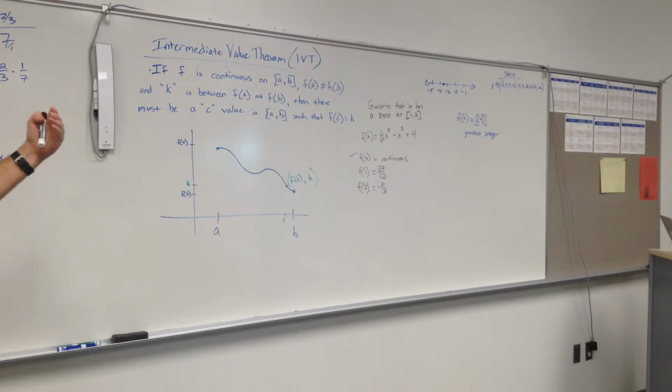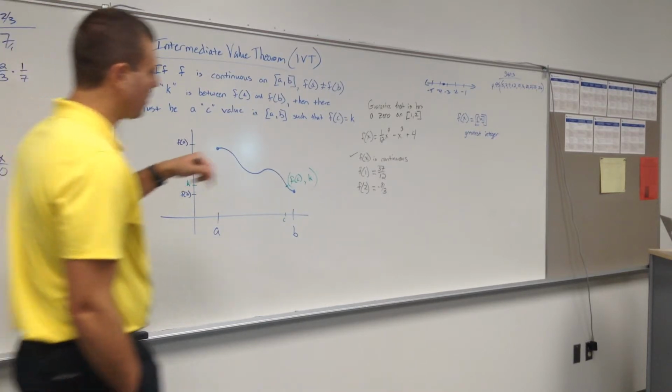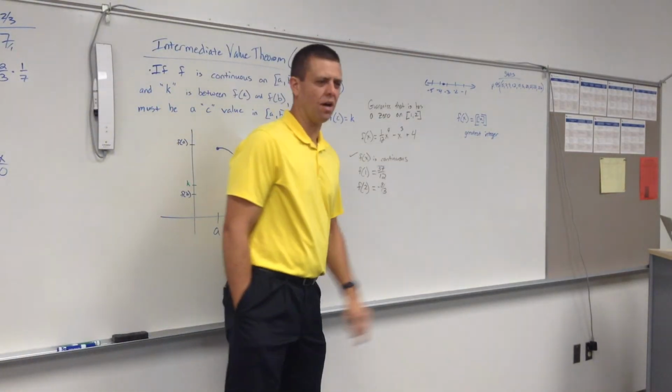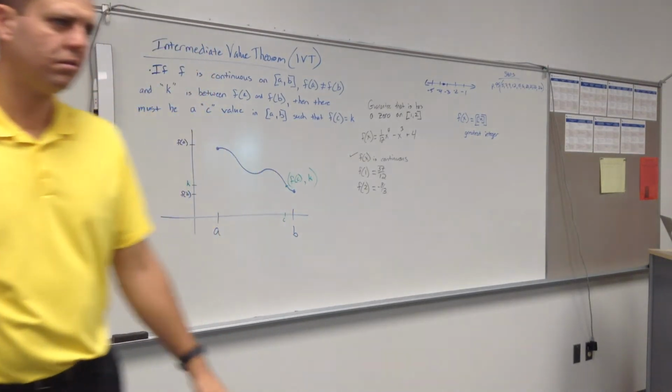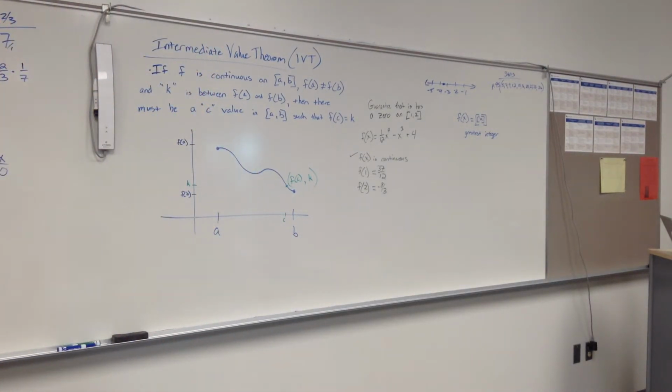So how can you guarantee me that there has to exist a 0 now on this interval? A 0 is where the graph does what? Crosses the x-axis. How can you guarantee me there has to be a point where this graph crosses the x-axis on the interval 1 to 2?